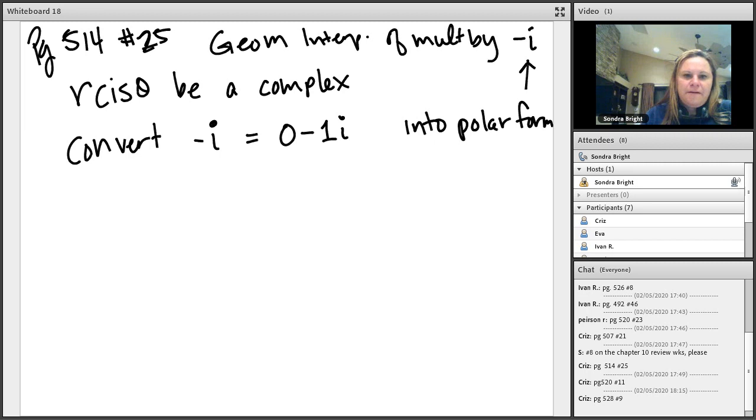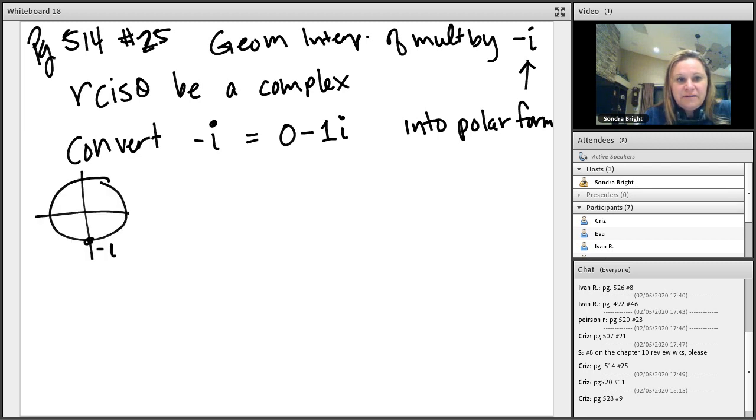Spoiler: r is 1 and theta is 3 pi over 2, but how I see that is negative i is here. It's just 1 unit away, and your theta is 3 pi over 2. But I'll show you just in case.